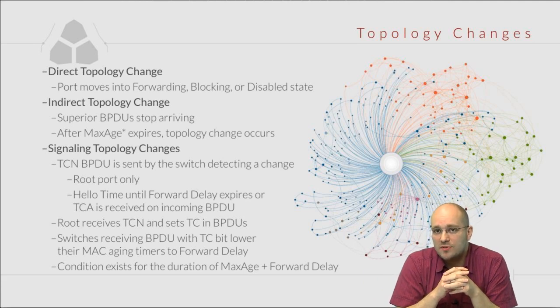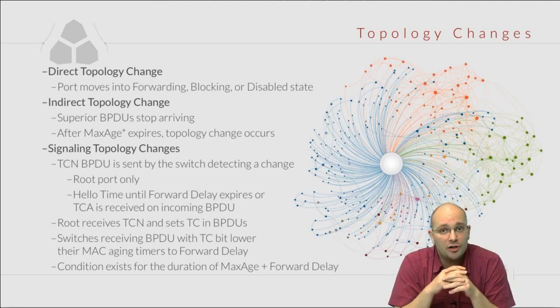When the upstream switch receives the first configuration BPDU after it has received a topology change notification from a downstream switch, before it regenerates this configuration BPDU towards the downstream switch, it is going to set the topology change acknowledgement bit to 1 in that configuration BPDU, and then transmit it to the downstream switch.